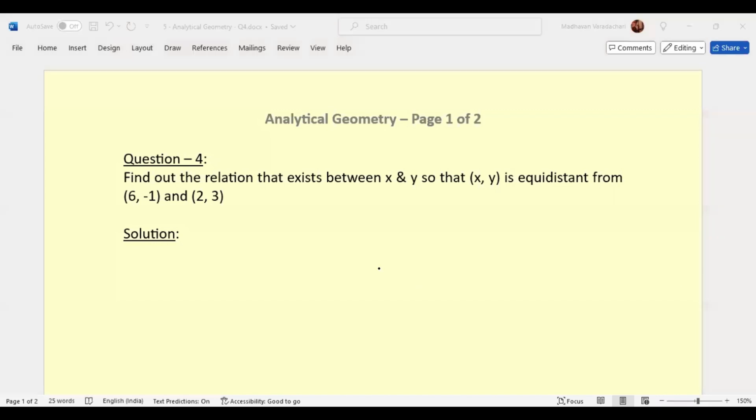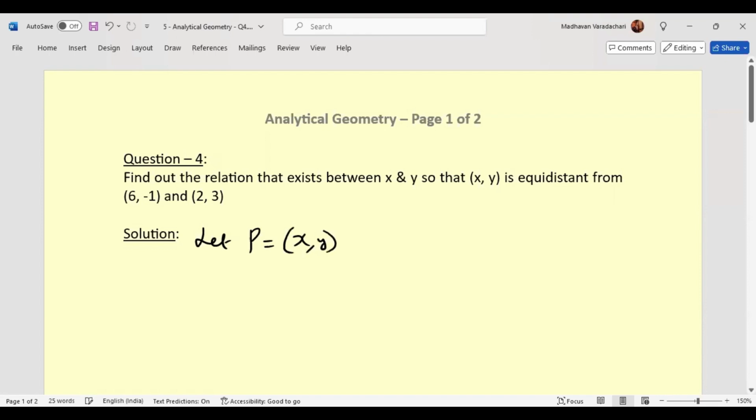Next is question 4. Find out the relation that exists between x and y so that (x, y) is equidistant from (6, minus 1) and (2, 3). So let us say, let point P be your (x, y), then point A be (6, minus 1), and then point B be (2, 3).